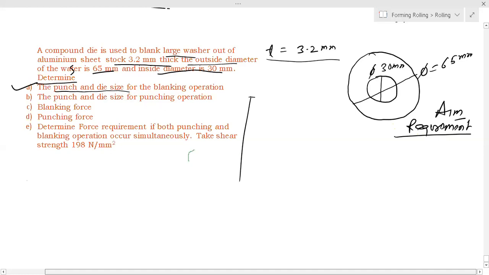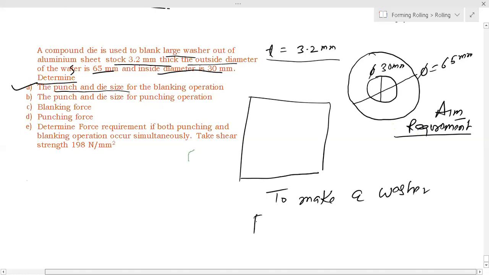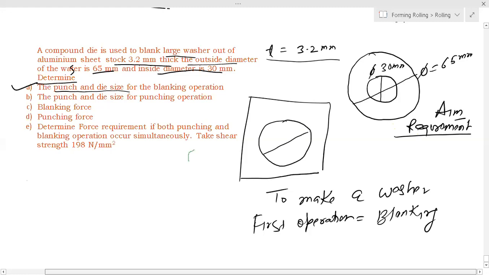You have one sheet like this. To make a washer, the first operation is blanking. Means you have to take a sheet and blank a disc of size 65 mm.